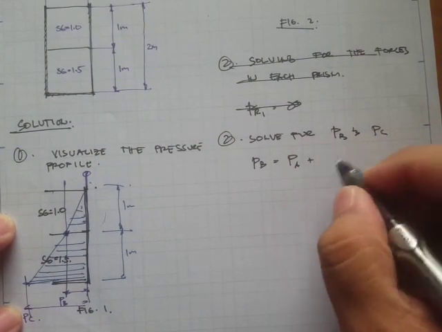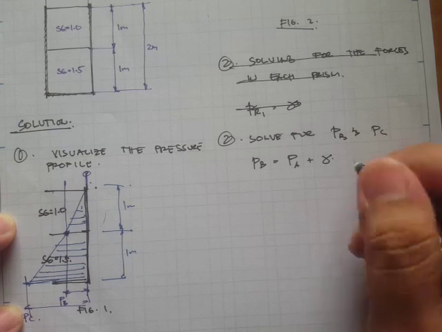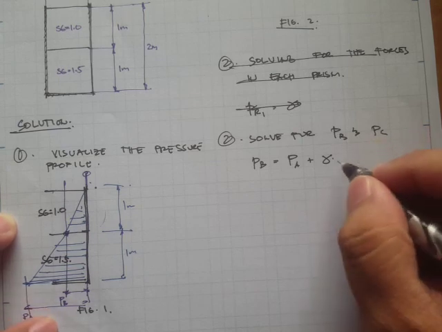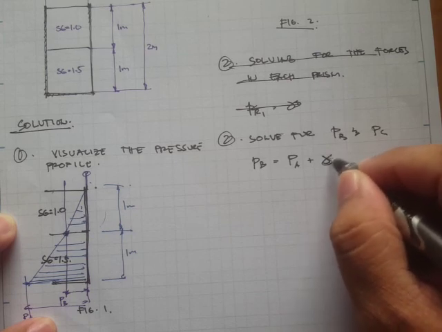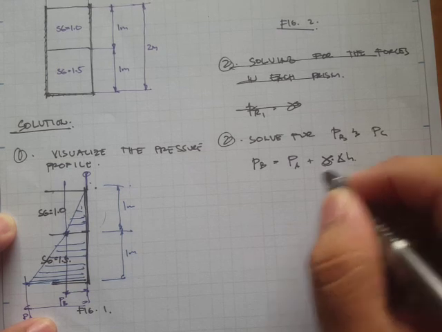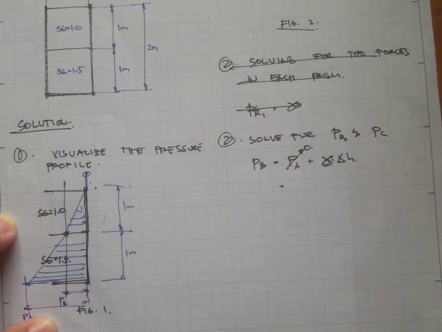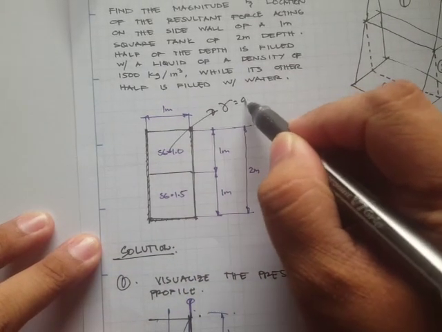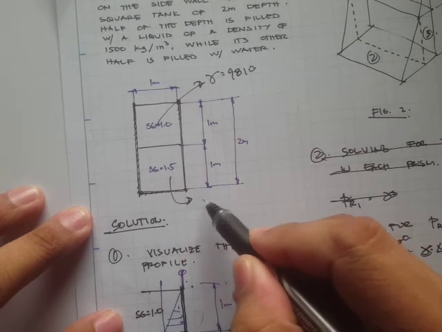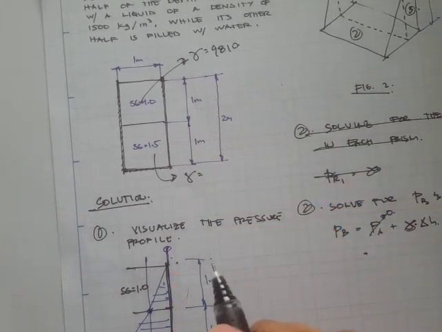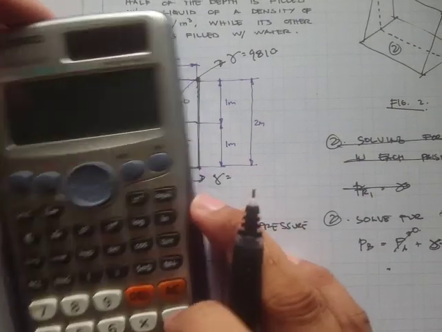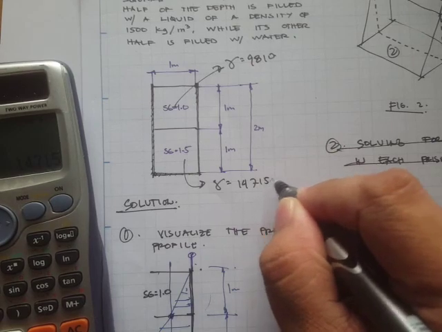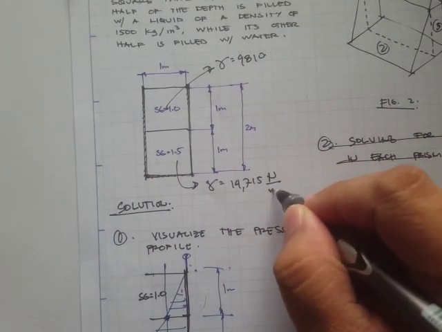So PA plus the unit weight times the delta H. Since PA is 0, this one is just 9,810, and this would be 1.5 times 9,810, which is 14,715 Newton per meter cube.